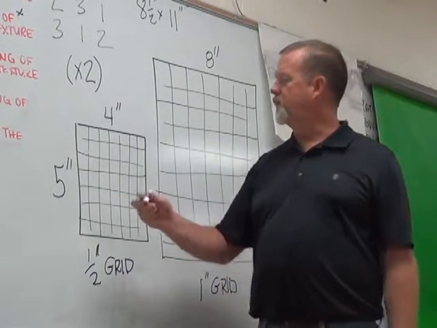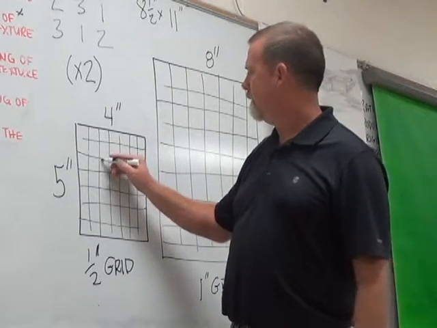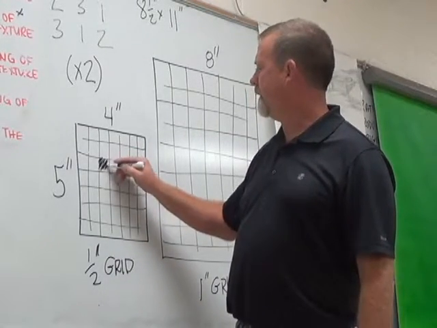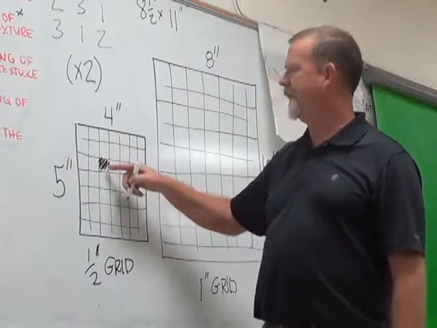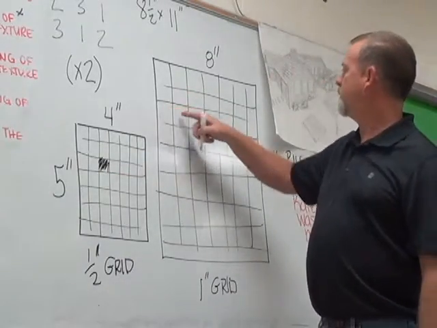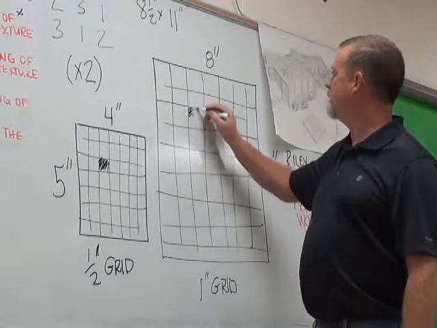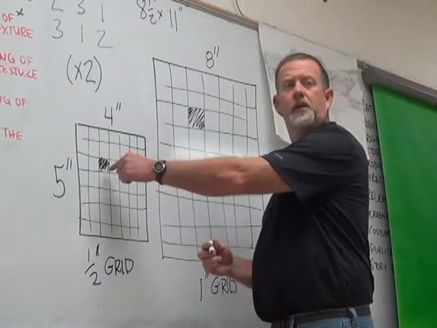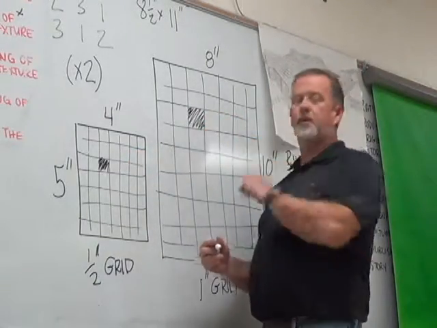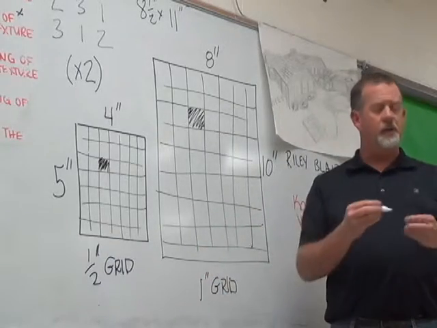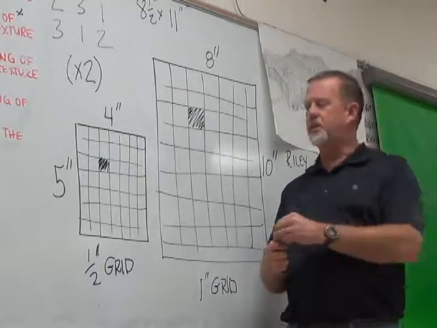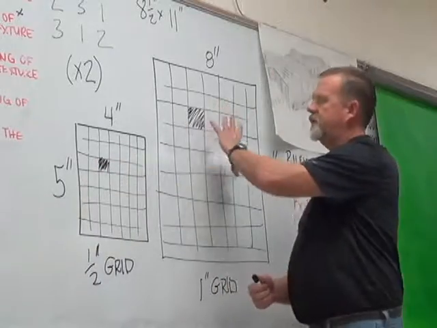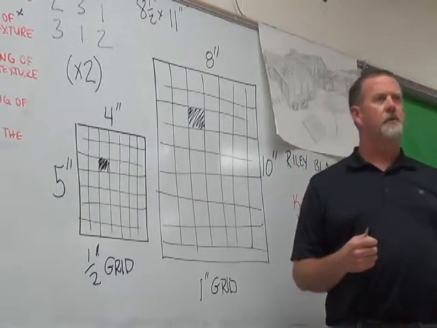So if we were going to work on drawing this grid square right here, it's 3 over and 3 down. We would go 3 over and 3 down, and it would be the same as this one right here. So whatever's in this square, we draw in this square. And when we're done, we have transferred the image from a smaller size to a larger size. Okay?